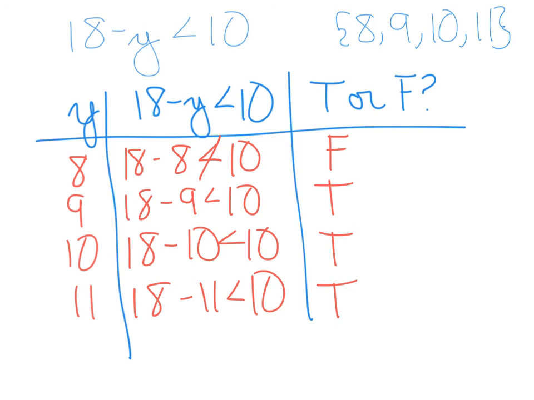We should have done this on the other one, but at the end what you want to do is open up some brackets and write all the values for y that made it true. So 9, 10, and 11 are part of my solution set.